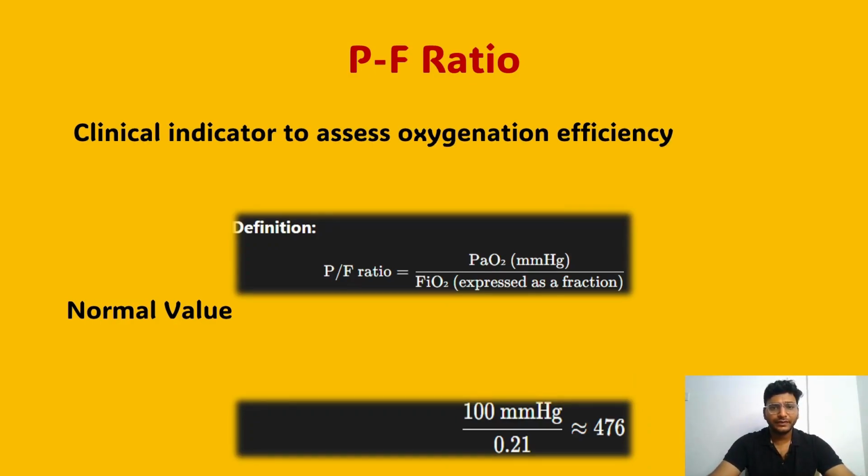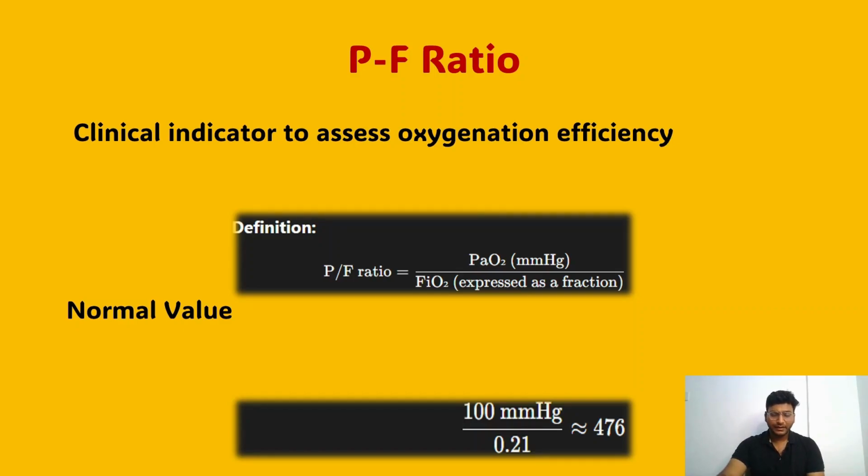So how will you calculate the PF ratio? You take a fraction where PaO2 is divided by the FiO2. For a normal patient on room air it will be 100 over 0.21, which is around 500. So the PF ratio is around 500.